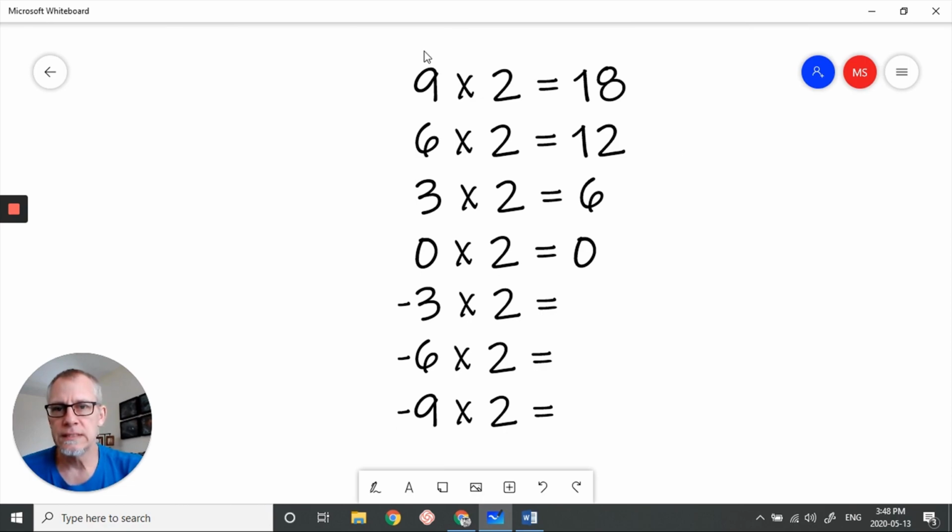We can see that 9 times 2 is 18, 6 times 2 is 12, 3 times 2 is 6, and 0 times 2 is 0. This part of the sequence we haven't learned how to handle yet because we haven't learned the rules for multiplying by negative numbers. However, because we're following a sequence on the left, our answers end up following a sequence as well. We have not changed the factor on the right-hand side.